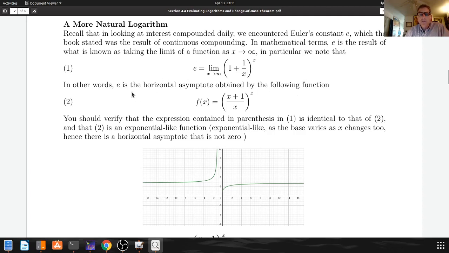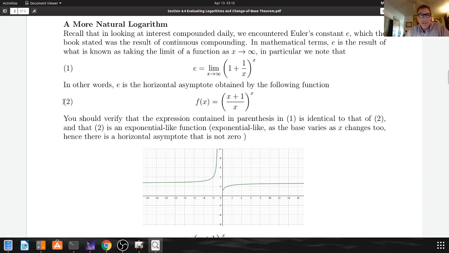In other words, e is the horizontal asymptote obtained by the following function: f of x is equal to (x plus 1) divided by x, raised to the x. You should be able to figure out that (x plus 1) divided by x is the same as 1 plus 1 over x, so that's what I say right here.